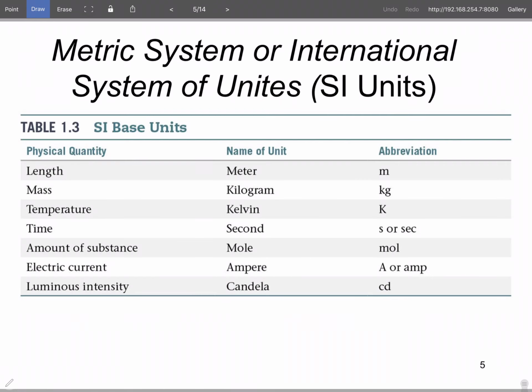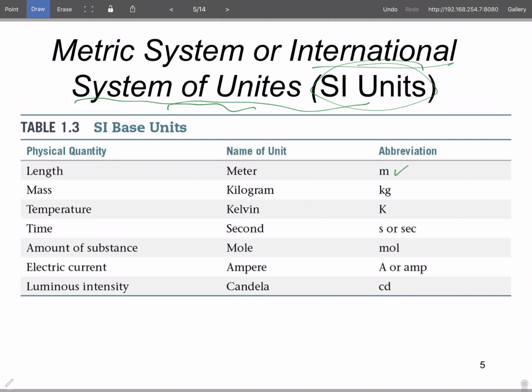And in order to deal with the units, I told you that chemistry was like a foreign language. Well, we have our metric system of units, and we call this system the International System of Units, or SI units, Système International, and it's the French, so we have to revert it.